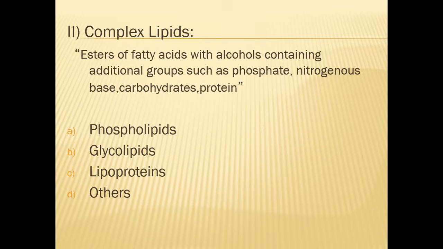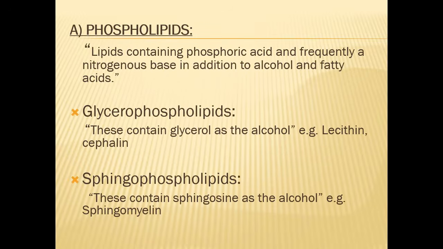Phospholipids are divided into glycophospholipids and sphingophospholipids, separated by the alcohol. Glycophospholipids contain esters of fatty acid with glycerol, and sphingophospholipids contain esters of fatty acid with sphingosine, like sphingomyelin.